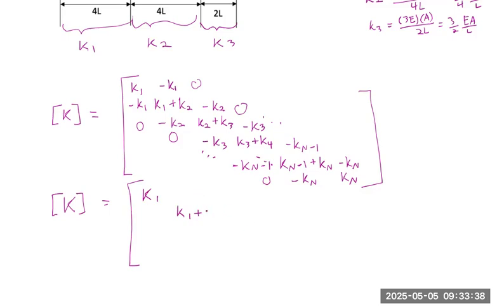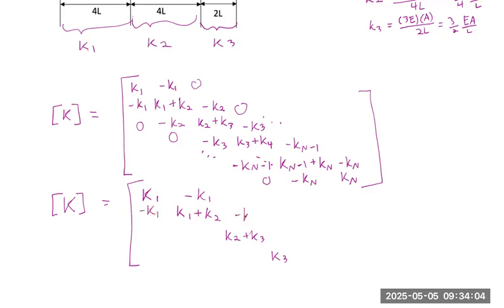K1, K1 plus K2, K2 plus K3, and then we end with K3. And then this entry is going to be negative K1, and this other entry over here is negative K1.